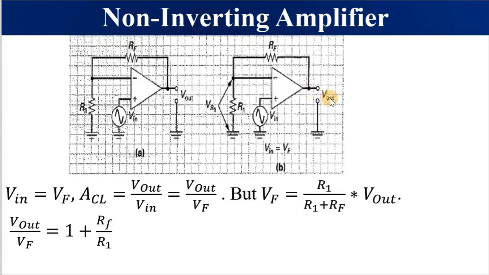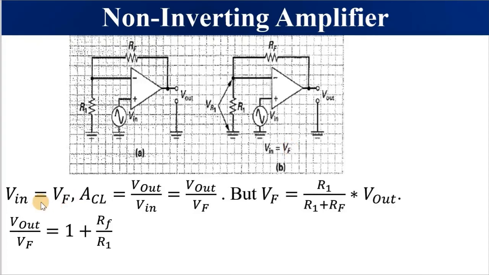This voltage Vout is equal to Vf plus the voltage across Rf, and Vf is Vout times R1 divided by R1 plus Rf, because these two are in series. And this is our Vf, which is the voltage at this point. Because these two voltages are ideally equal, we say Vin is equal to Vf. Please take note of the analysis I've just made.